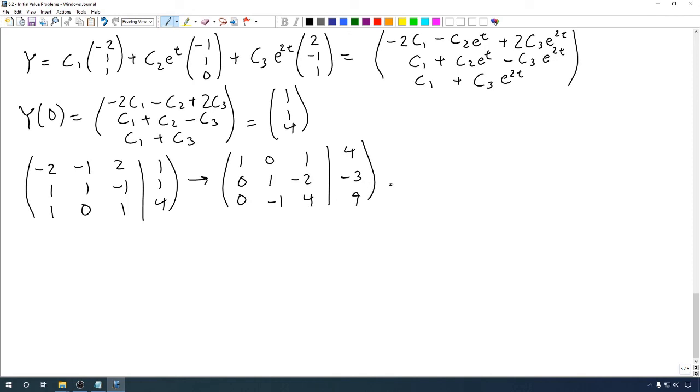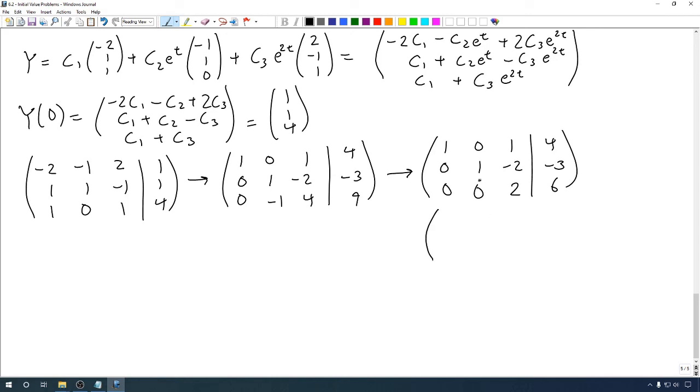I'm going to use that 1, so I'm going to keep that row. Then I'm going to use it to cancel out the negative 1 that we have there. I already had a 0 here, so that was nice. But my last row is going to be now a 2 and a 6.